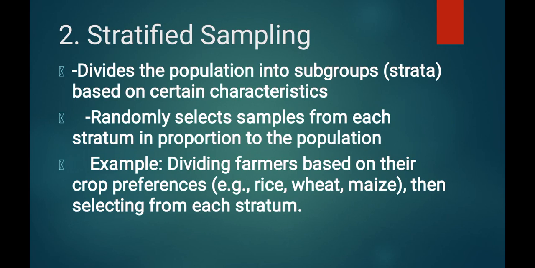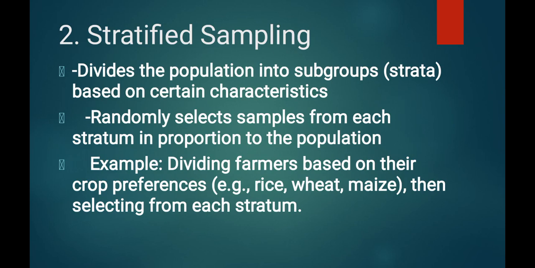For those who are familiar with these sampling techniques, for example, in the EPA, if you want to do the sampling using stratified, you can divide the population into groups depending on certain characteristics.